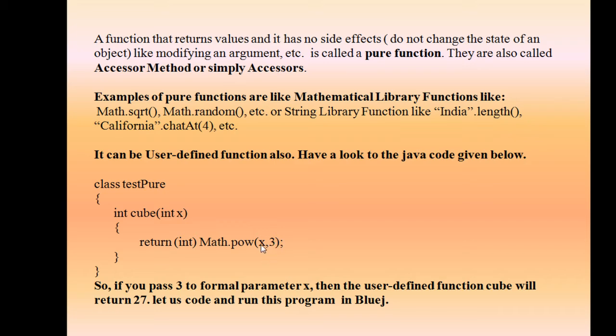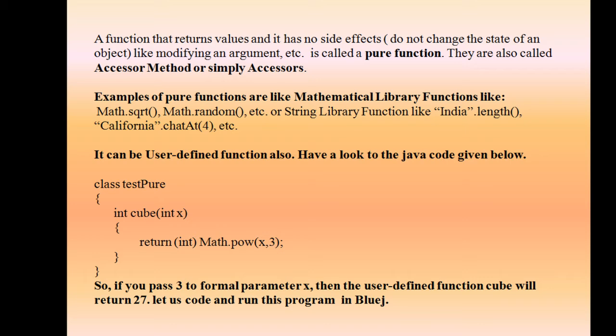If you pass x value as 3, 3 to the power 3, that is 3 into 3 into 3, will return 27. Now pow returns 27 in double format, 27.0, which is getting converted into int 27 and being returned. So it will return 27.